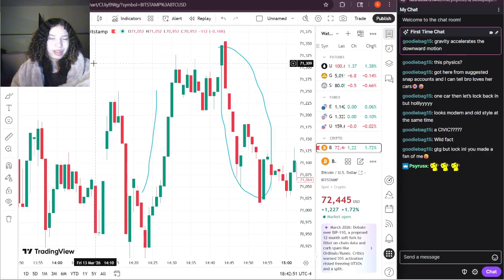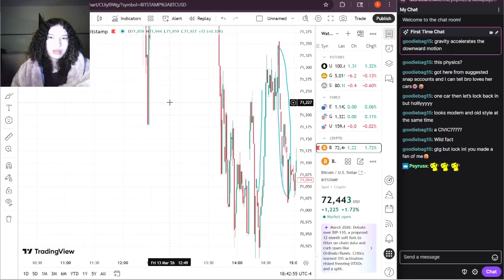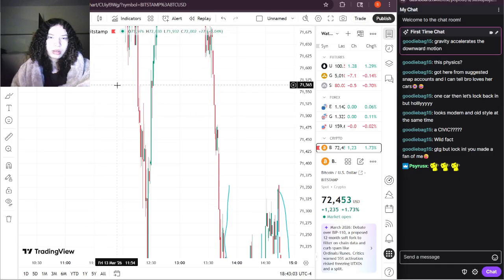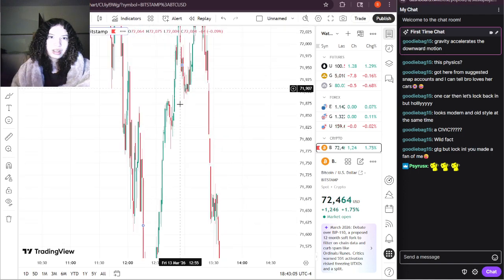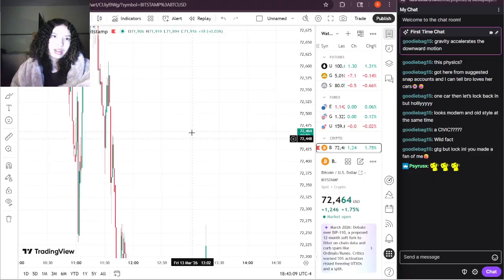But let's zoom out and see the full picture. Okay, so from what we can deduce by zooming out, this was a steep downturn. How steep? Holy moly, that is steep.